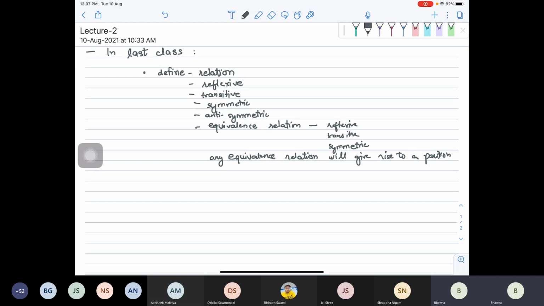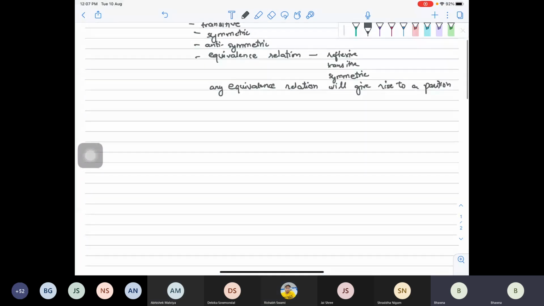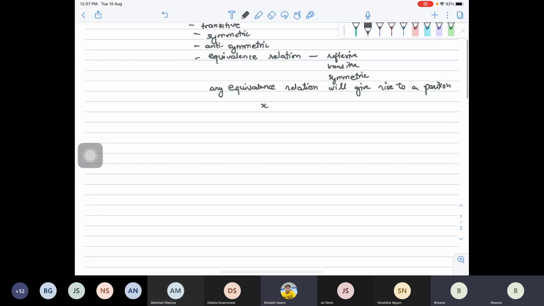I didn't write it in the previous class, so I'll just write it down. Any equivalence relation will give rise to a partition. How? If x is any element in X and we have defined a relation on X, then if I take the set to be all those elements related to x, that means all y belonging to X such that x is related to y.